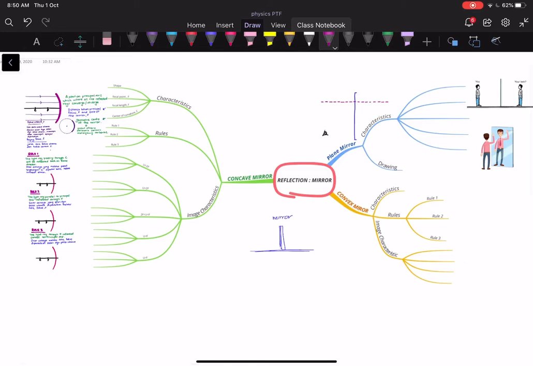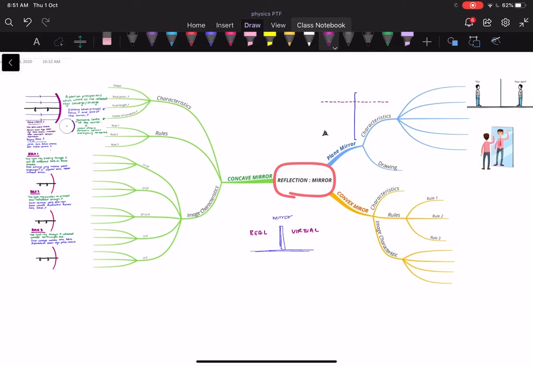Anything forming behind the mirror is a virtual image ataupun maya, and anything forming in front of the mirror will be a real image. Okay, so always remember that this is a very important concept. Anything forming in front of the mirror is real. Anything forming behind the mirror is virtual.